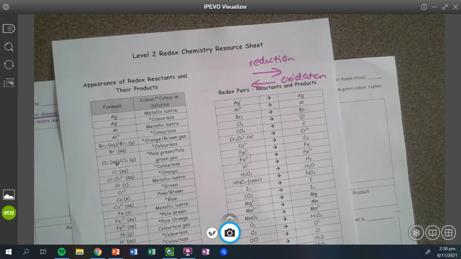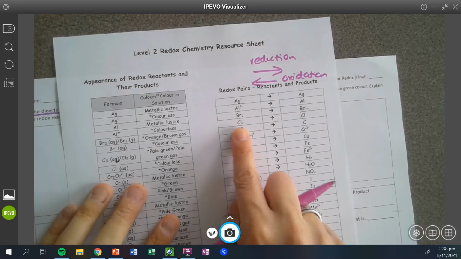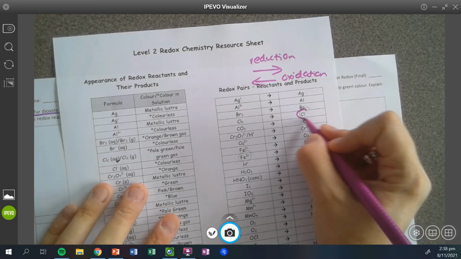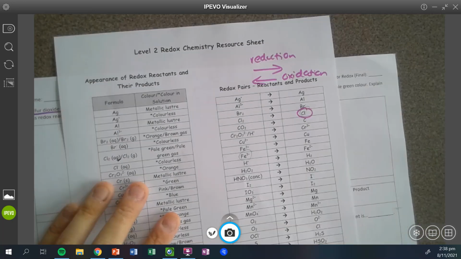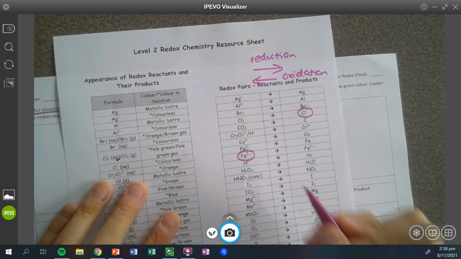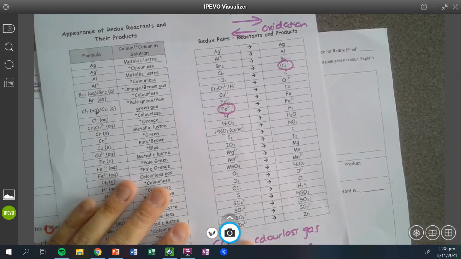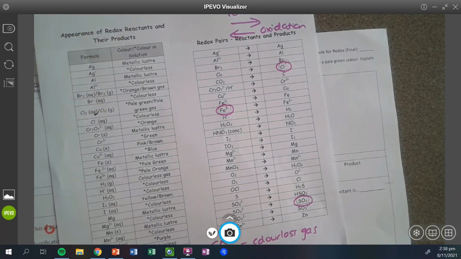So let's find all three things on the list and figure out which one's the oxidation, which one's the reduction, and how we're going to pair them up. Basically, I'm trying to figure out which ones are spectators, because if they're a spectator, I can ignore it. Okay? So here's chlorine and chloride. I want the chloride ion. If I keep looking down the list, here's my iron 3. And then here's the sulfur dioxide. Are we okay with that so far?